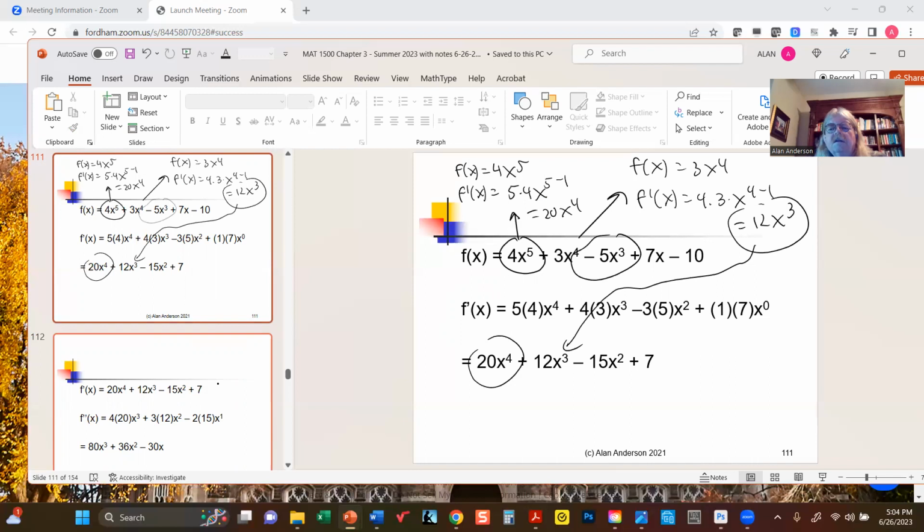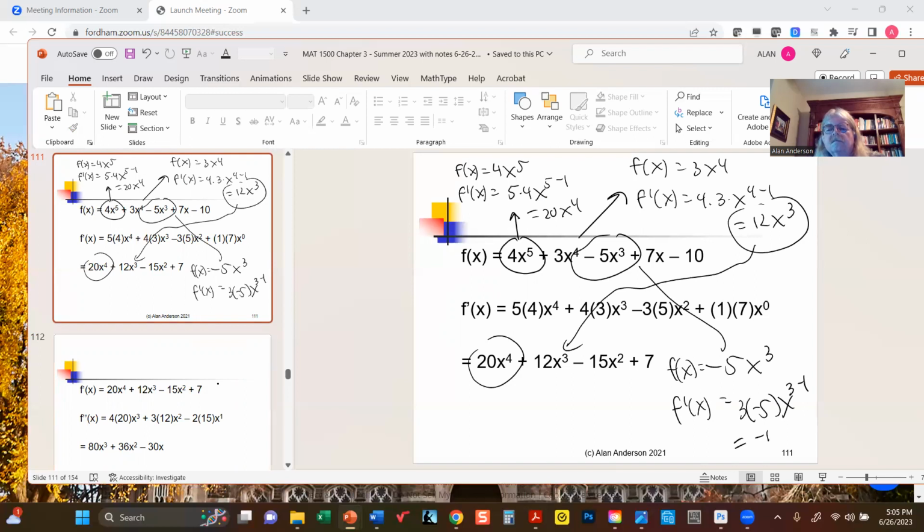This one, it's going to get messy in a hurry here. Minus 15x squared.